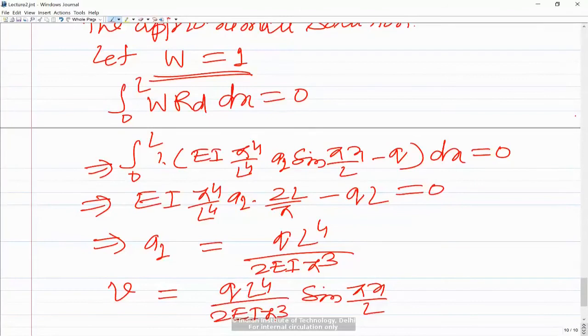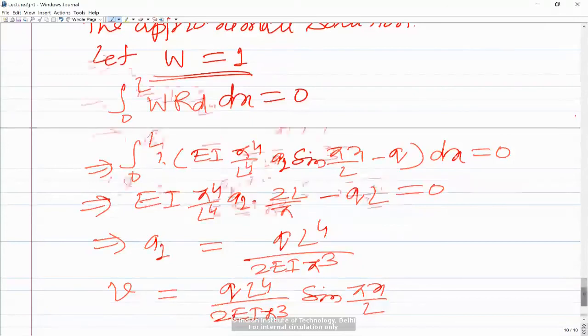So this is known as the Petrov-Galerkin method. The main difference is that we choose the weight function different from the coefficient of unknown constants. In this case we have taken w equal to 1, and therefore it is different from the coefficient of a1 in the approximate solution, that is sine pi x by L, and therefore this is the Petrov-Galerkin method.